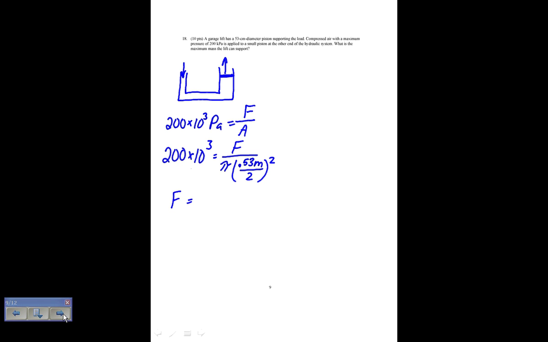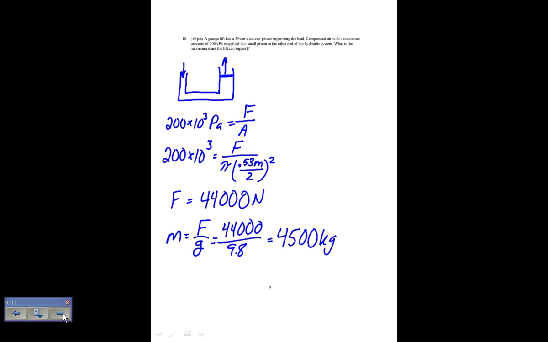If I solve for the force, that's the weight of the object that it can lift, 44,000 newtons. But I was asking for mass, so mass is force over g. It's 44,000 over 9.8, which is 4,500 kilograms.